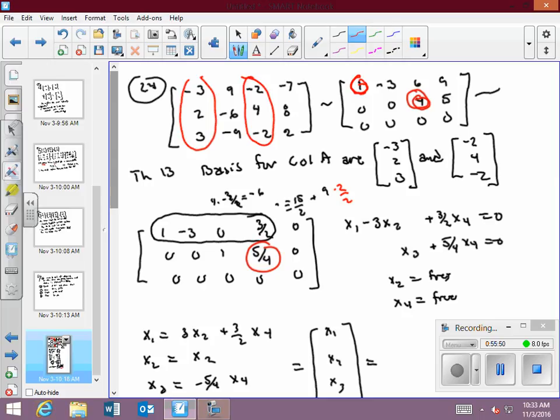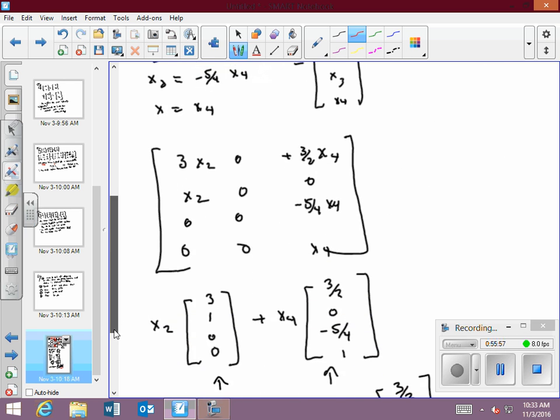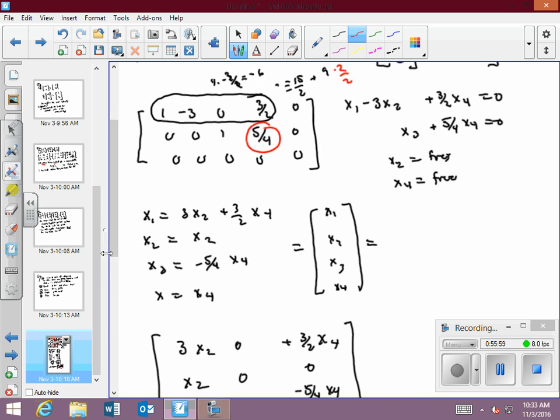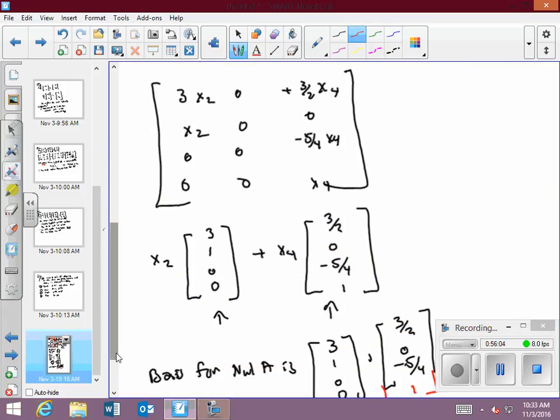Then you have to do this augmented matrix and get it in reduced echelon form, and then do the parametrics, and get the parametric equations, and whatever these come out to be, those are going to be the basis for null A. And then it's a question of, have you done all the addition and multiplication right?